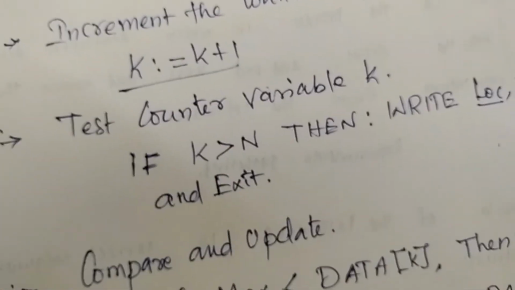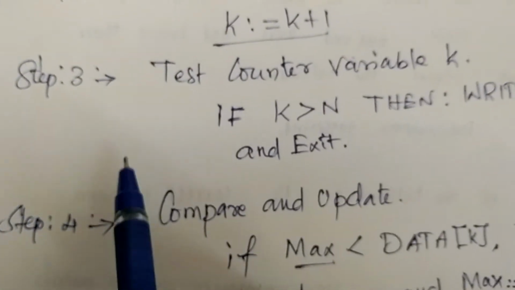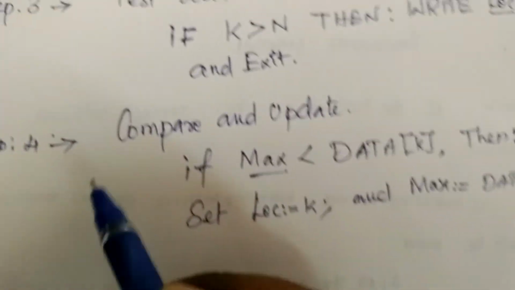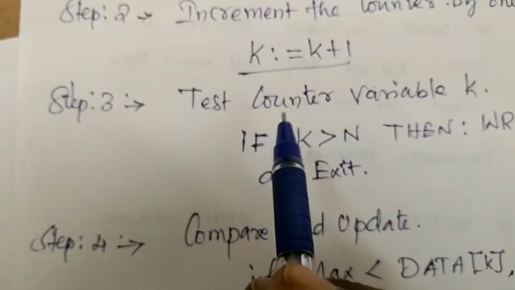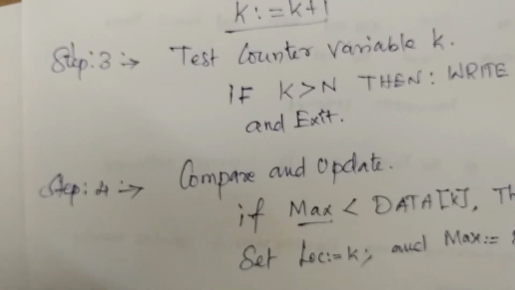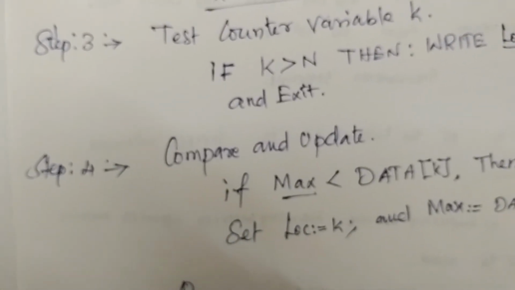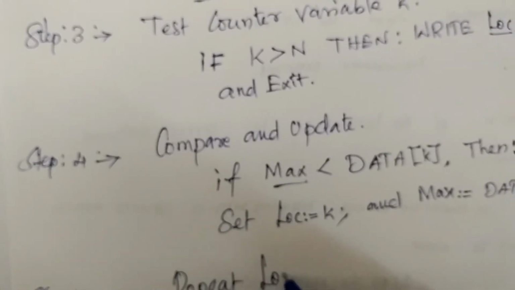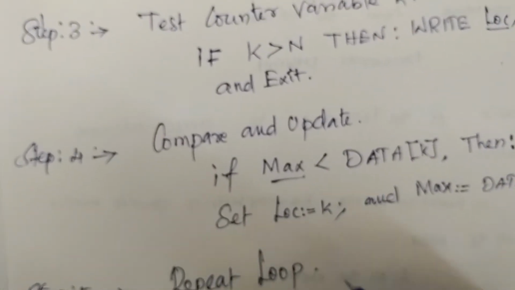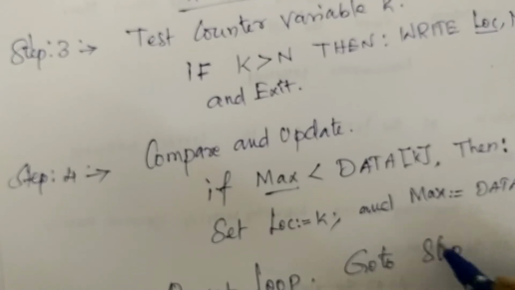Then you have to repeat the loop. You have to follow step number 3 and 4 up to step number 2, the increment test condition. Then we use step number 5, repeat loop, go to step number 2.